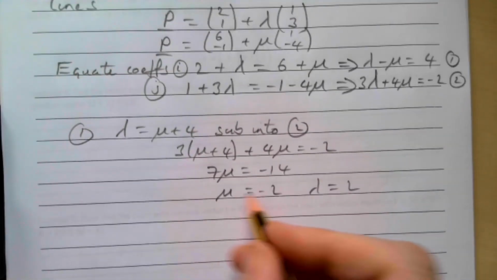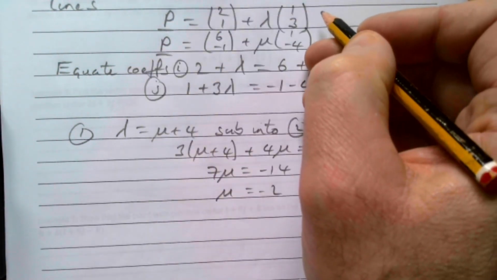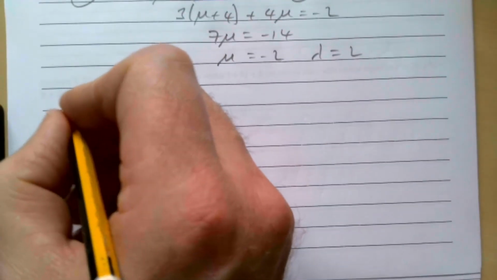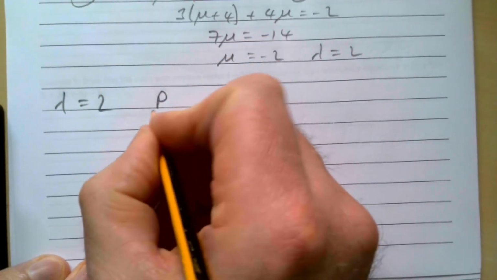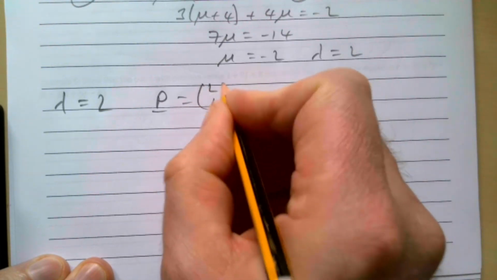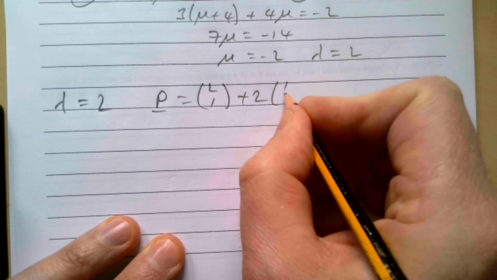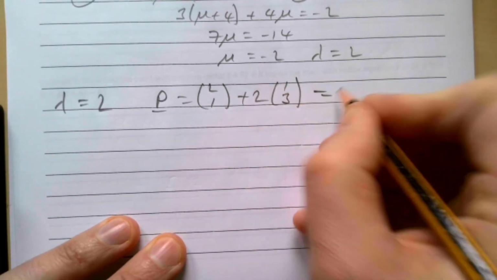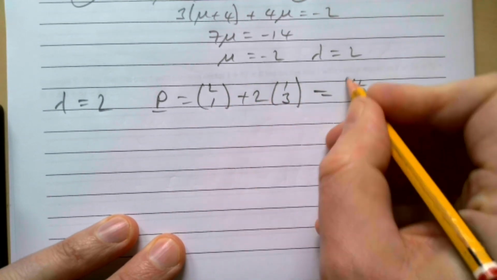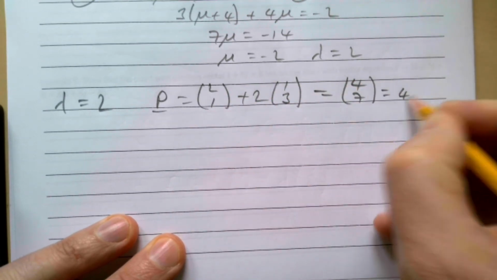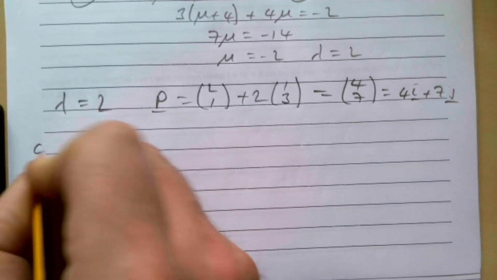If you sub mu is minus 2 into here, or if you sub lambda is 2 into here, it should give the same value. So we'll try first of all lambda is 2. P then equals 2, 1 plus 2 times 1, 3. That's going to be 2 plus 2, so I think it's a 4, 7. So if you want, 4i plus 7j, and then let's check.